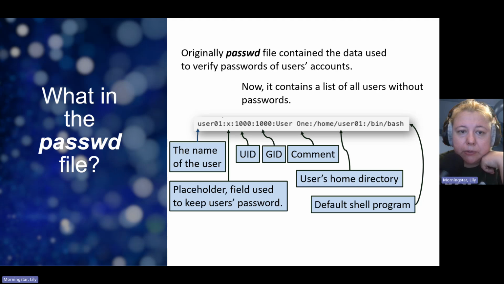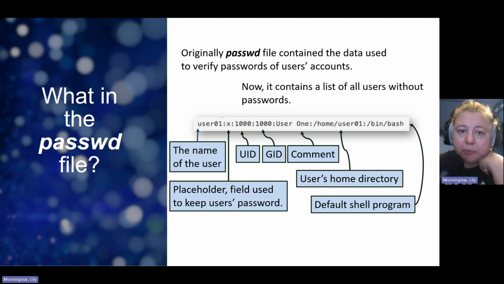Then there's a field for what kind of user, and it's basically a comment. So it says user 1 or our first user, or we can basically write whatever we want that will help us to identify and associate this with this particular user. And then the location of the home directory. The home directory is the primary directory where the user will store all their files.